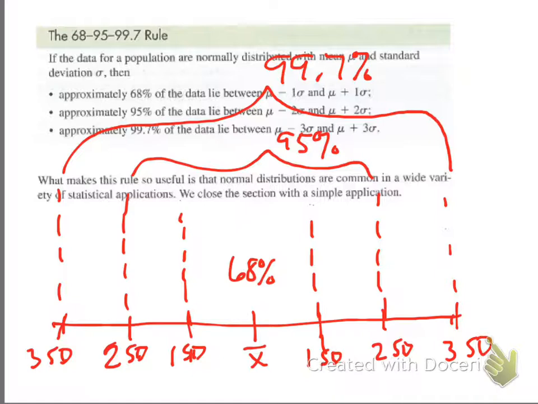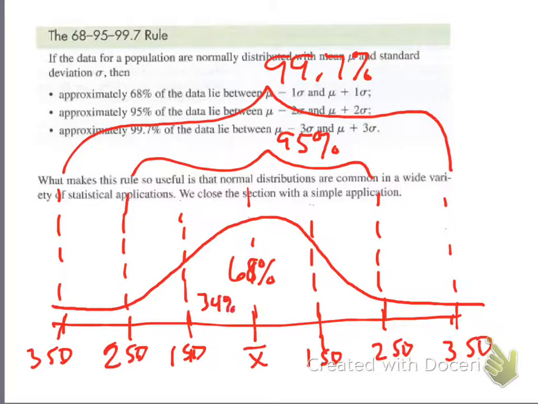So typically what happens is we talked about the normal distribution curve. Now here's the mean. The mean cuts this section in half, so this would be 34% and 34%.